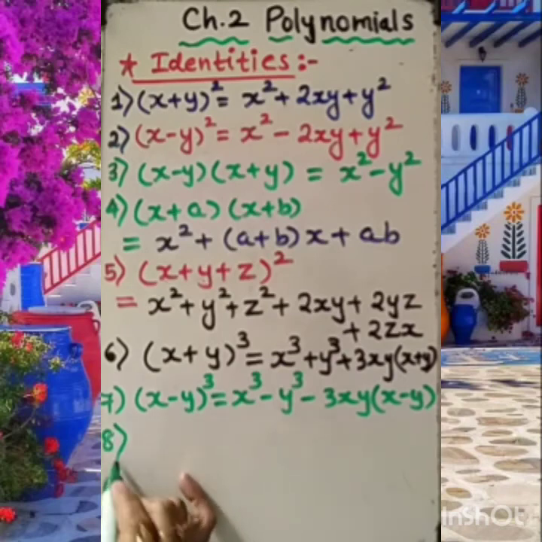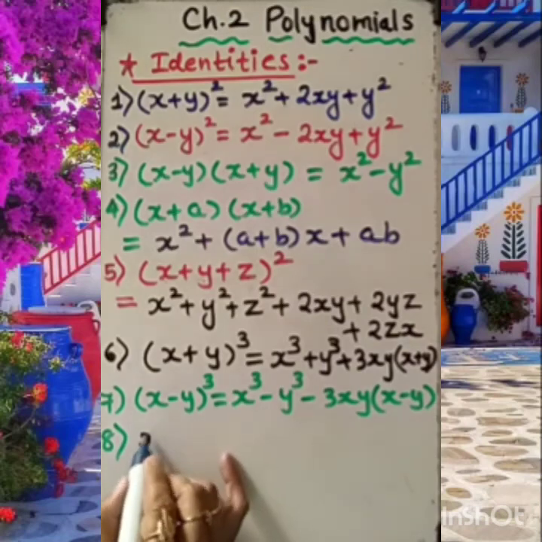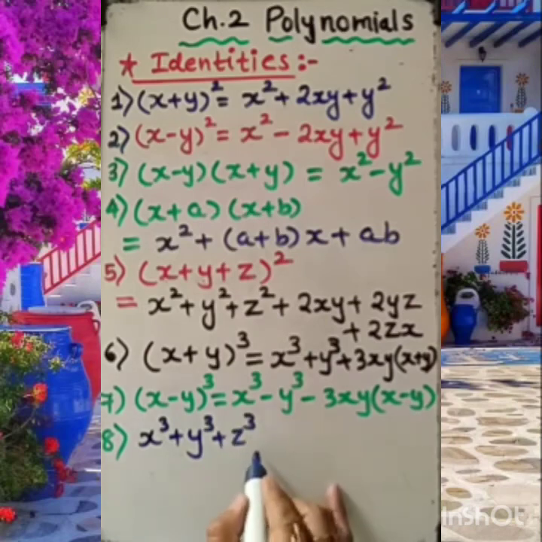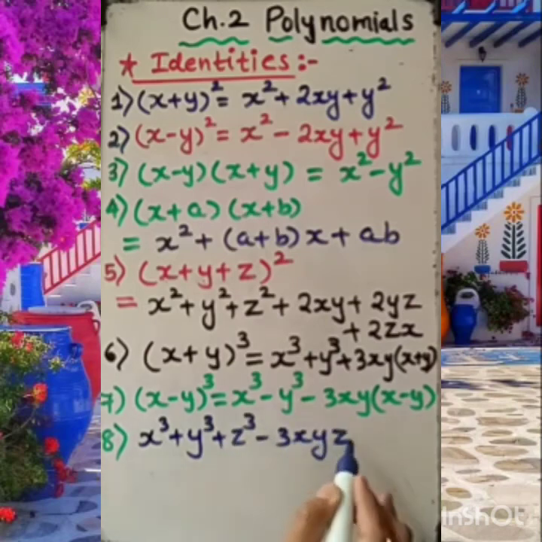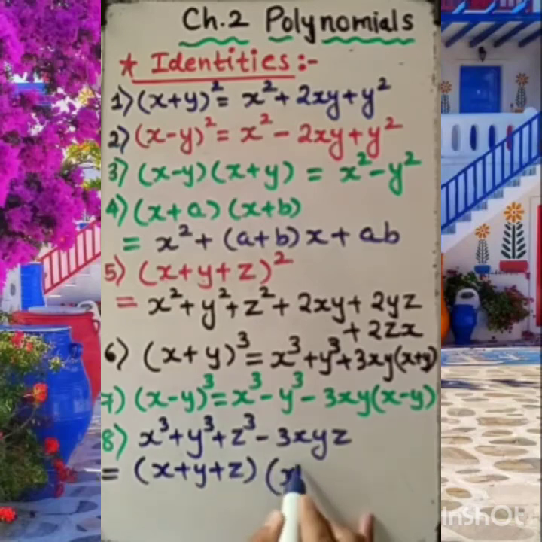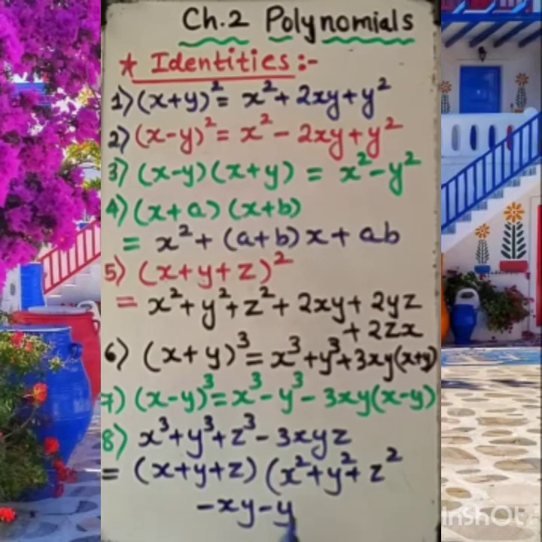And one more identity which we are going to learn here is this: x cube plus y cube plus z cube minus 3xyz equals, in the first bracket, (x plus y plus z), in another bracket, x square plus y square plus z square minus xy minus yz minus zx.